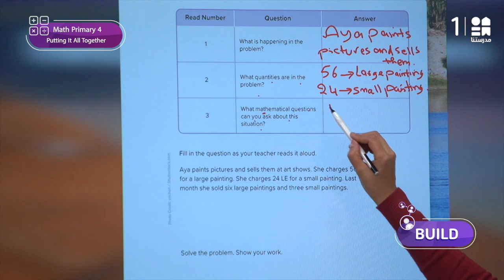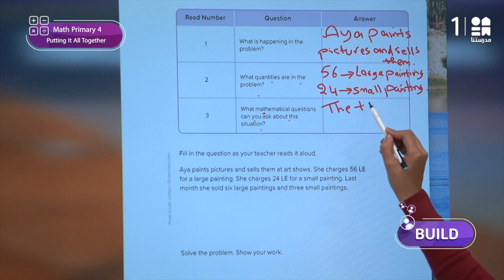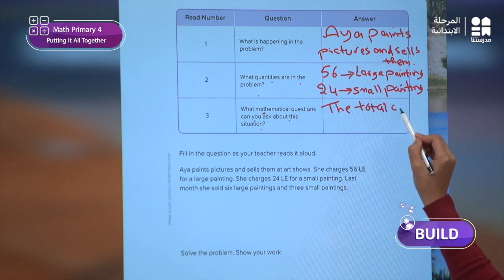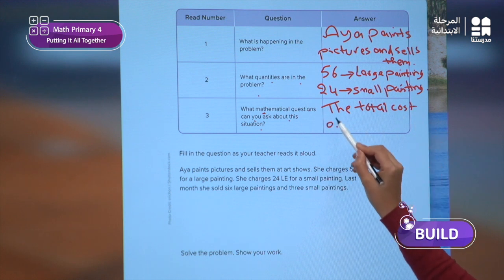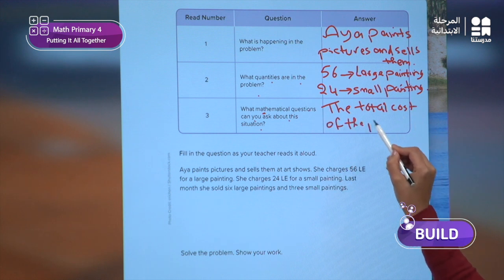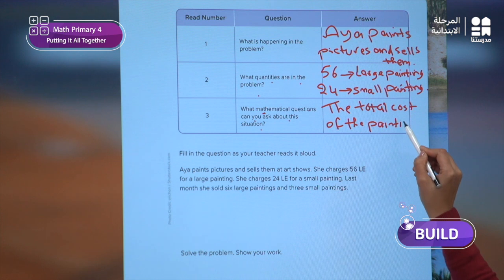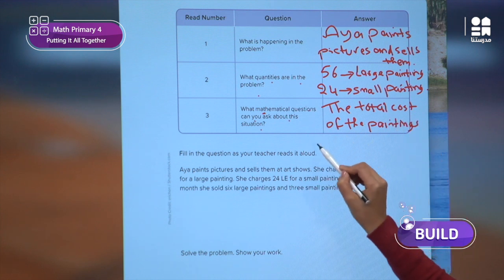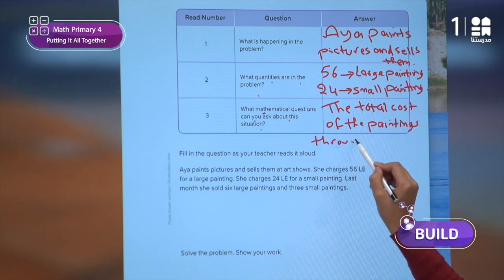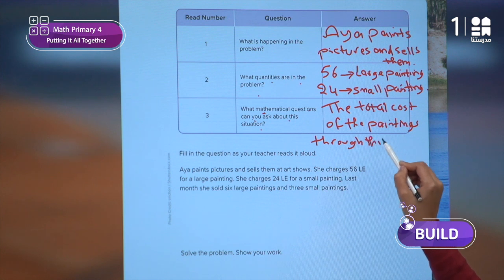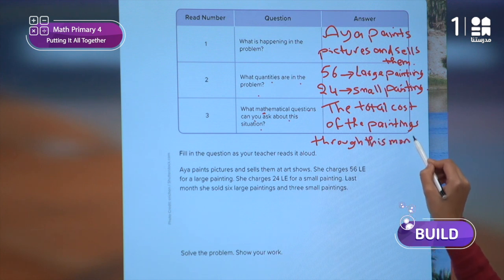So I can ask these 3 questions. Many questions I can ask in this problem.